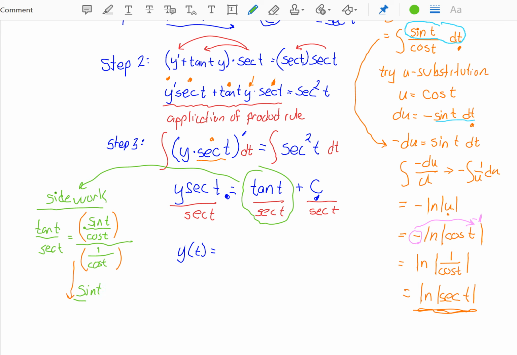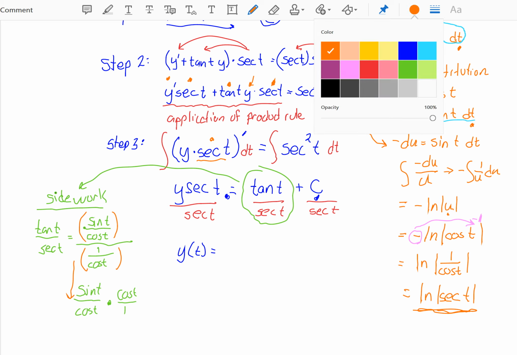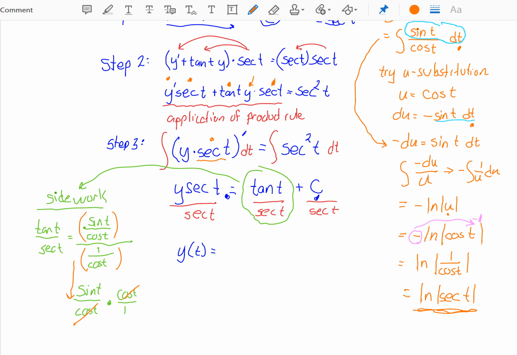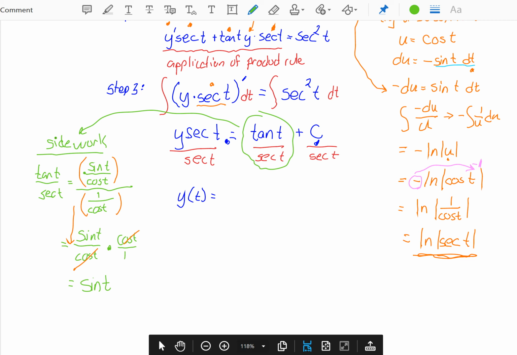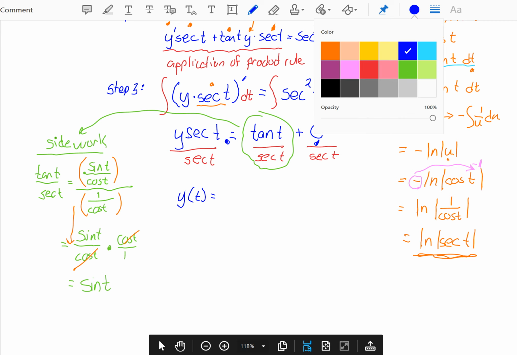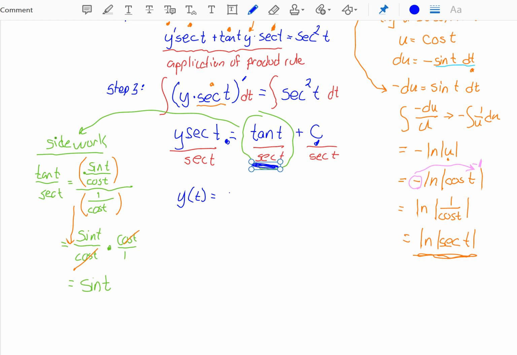So this is going to be sine of t over cosine of t times cosine of t over 1. Of course, written like this, you'll see that these cosines will cancel. And so this ends up just being sine of t.